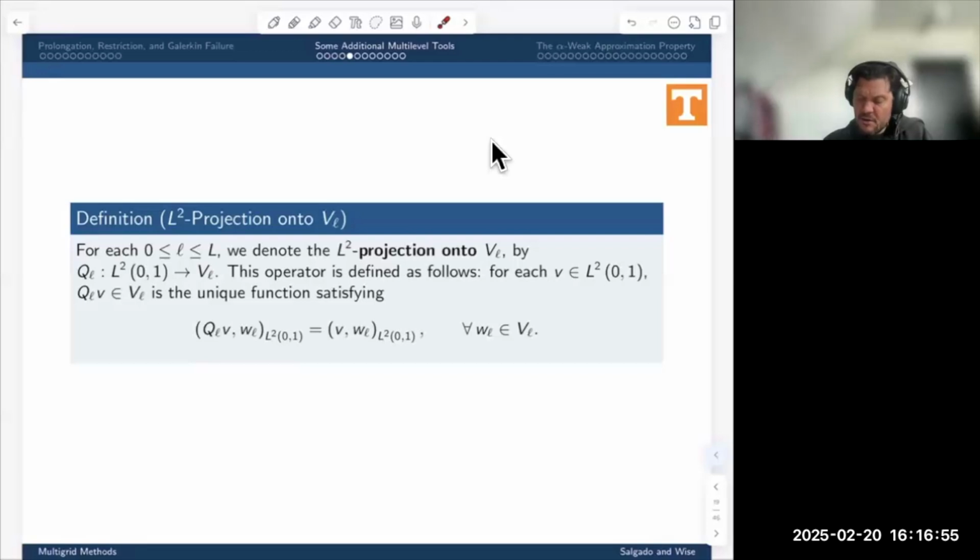So that's the first thing you ought to check. Is this thing well defined? And then the second question in your mind should be, is there an easier way to characterize what this function looks like? Well, we know that this function has to be piecewise constant because it lives in this space. So the answer, whatever it is, has to be a piecewise constant function. Now I'm going to show you that this thing is well defined, and I'm going to give you a formula for calculating the piecewise constant function every time.